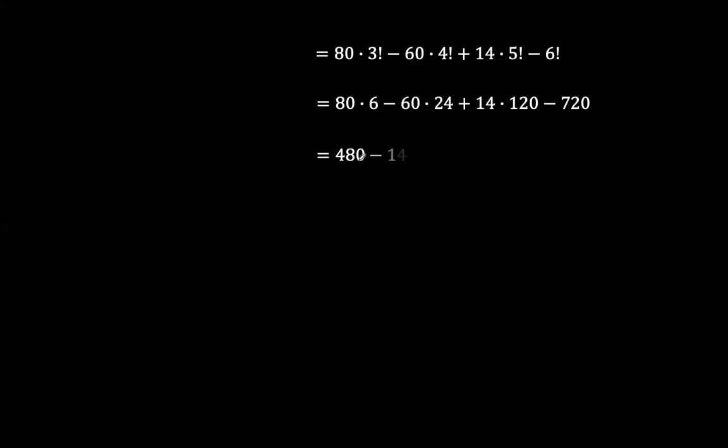So 80 times 6 is 480, 60 times 24 is 1,440, 14 times 120 is 1,680, and 6 factorial is 720. When you do this arithmetic, it all comes down to 0. And that is the solution to our problem.